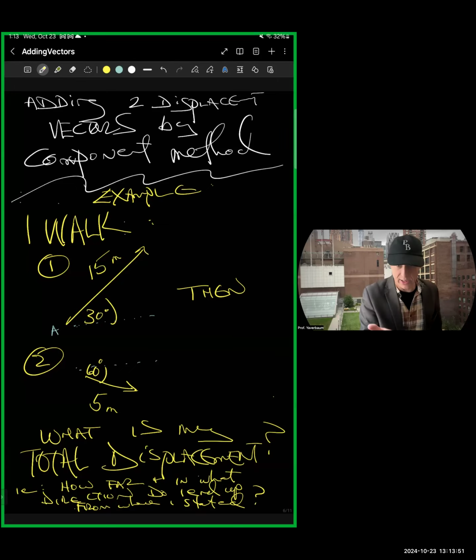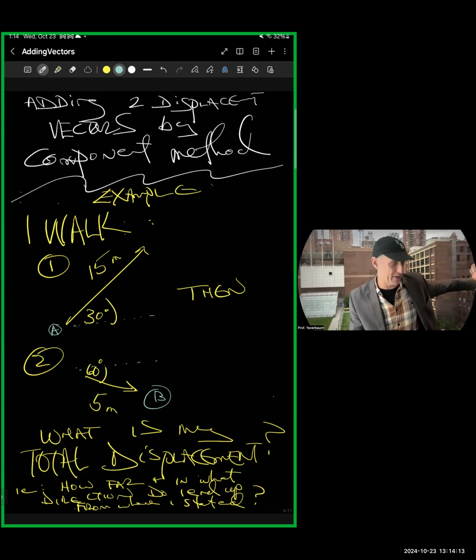I started at some position in space called A, and I end up at some other position, call it B. This is how I do it: I start at A and I walk 15 meters at 30 degrees northeast, in other words, the vector that I already had drawn 2 pages ago. I displace myself according to that vector first.